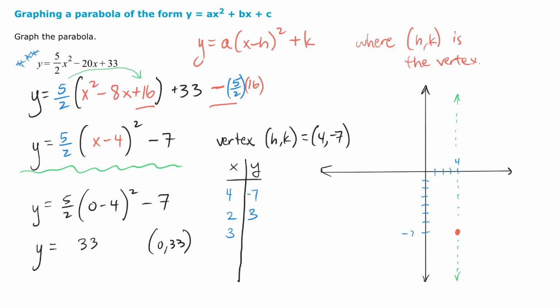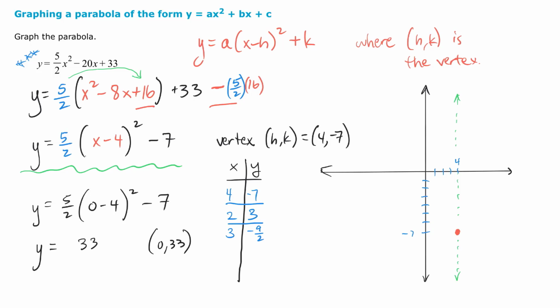And if x is 3, we get 5 halves minus 7. So 5 halves minus 14 halves, which is negative 9 halves. We get negative 9 halves.